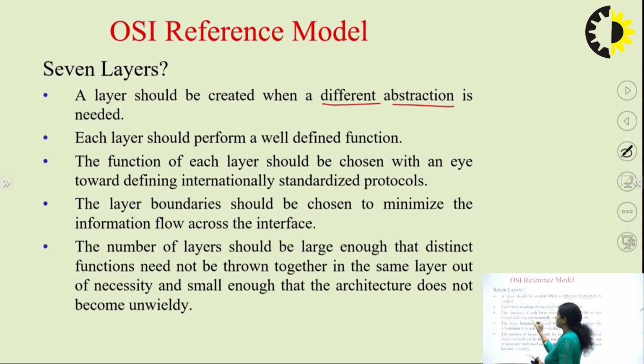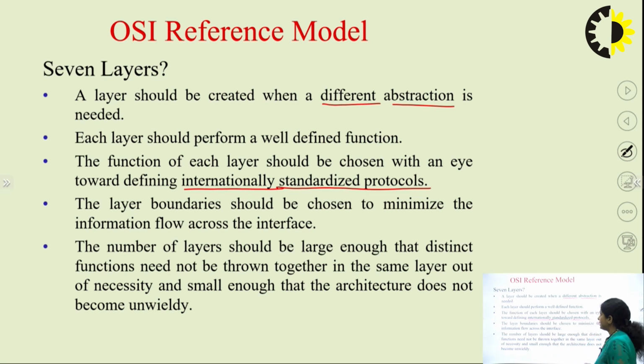Otherwise, what will happen? Your protocol, your model will not be able to cope with the system. So, when we are designing the layers, they should follow some internationally standardized protocol. This is a very important point, right?